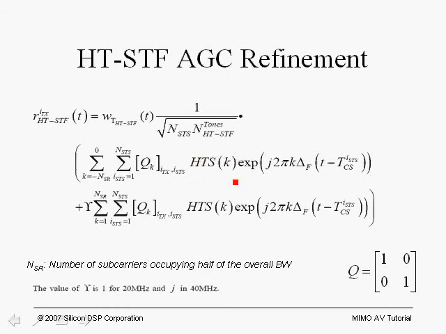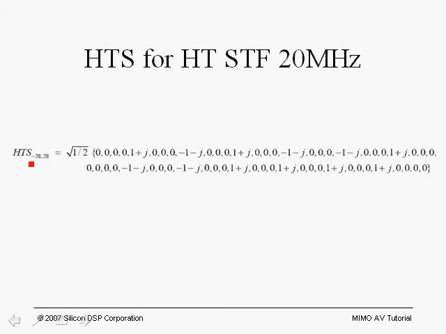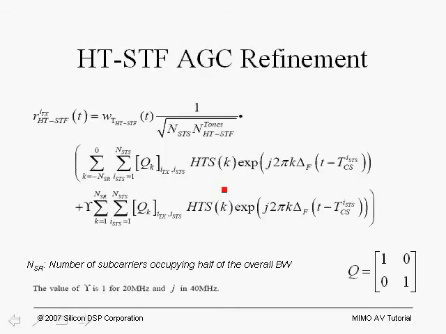HTS is very important. That's a sequence. We have basically 56 plus DC number of terms. Let's take a look at it. So here we have HTS, which ranges, for the index k, from minus 28 through 28 with a null at DC. So as we index k, then we pick the value of HTS from this sequence here, plug it into here in order to generate the time sequence for R HT-STF.